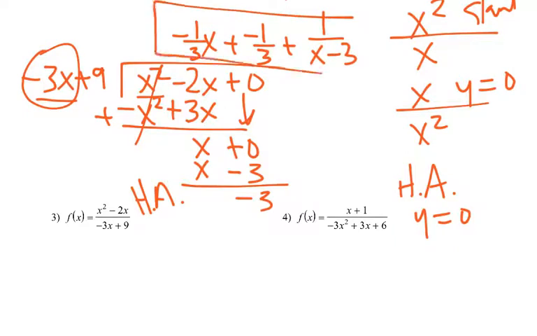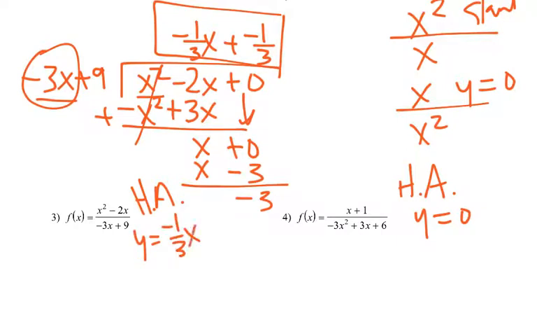Okay, that would be our slant asymptote, that linear equation right there. And really, we don't worry about this part. So y equals negative 1/3 x minus 1/3.